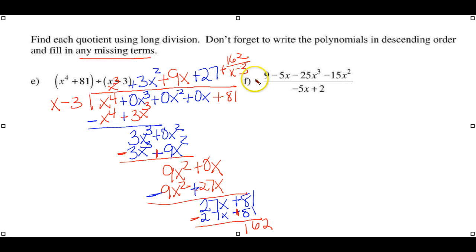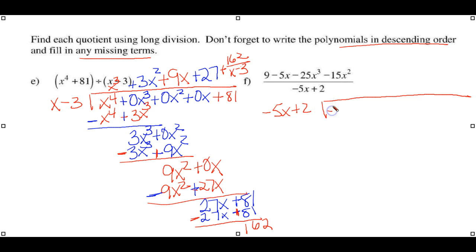All right, and doing our last example of the course, as we look at this, what we want to do is set it up properly. So we're going to go negative 5x plus 2 that we will divide into this, but we have to put this in descending order.